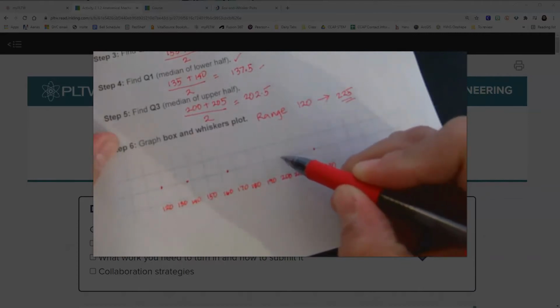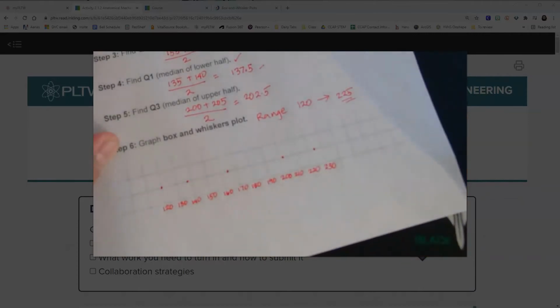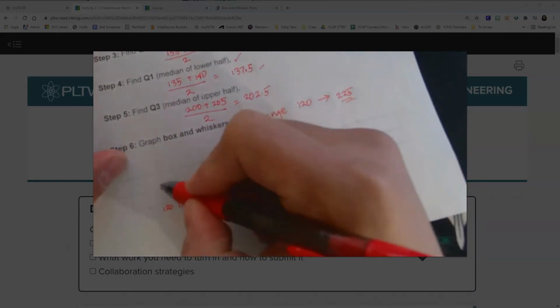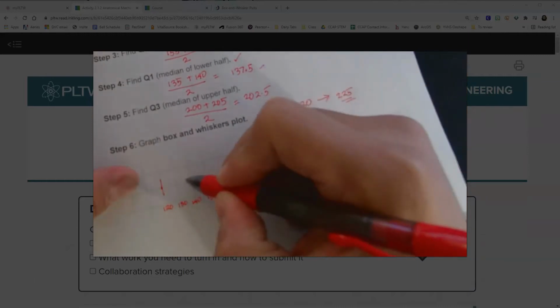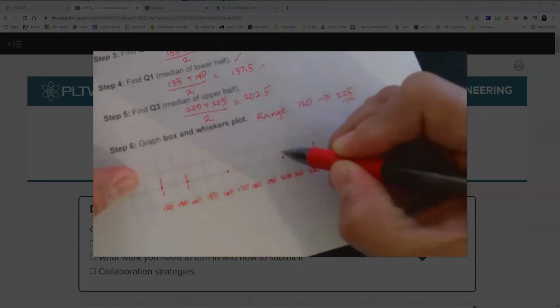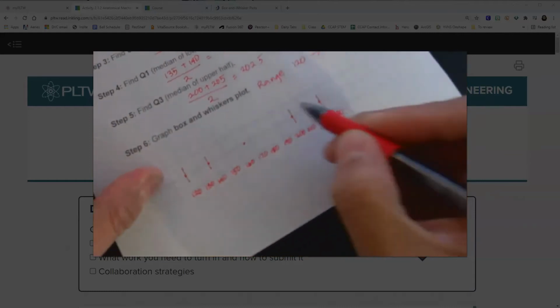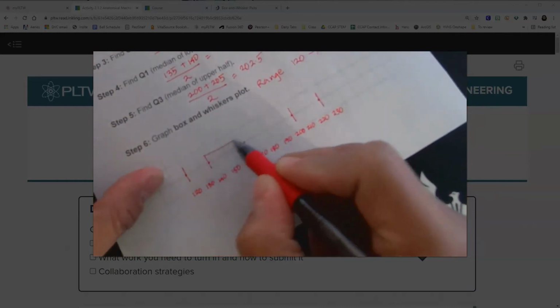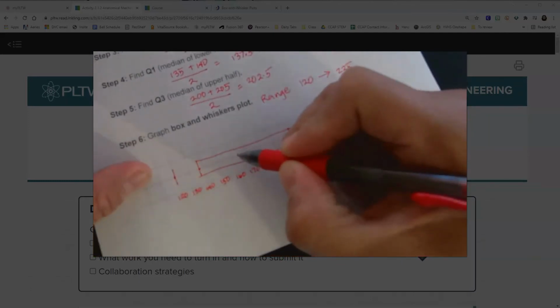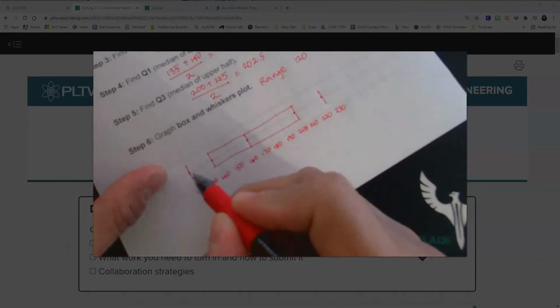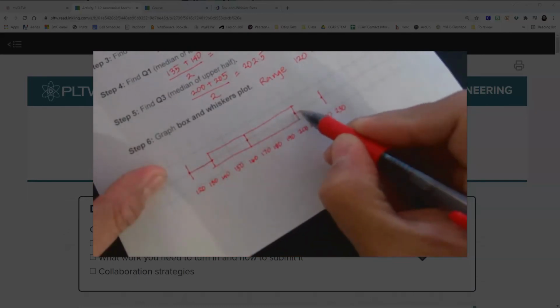So it will be 1/4 of the way in between those two numbers. So this will be my whiskers. This will be the bounding walls of my box. This is my median, and then I'll just connect the whiskers.